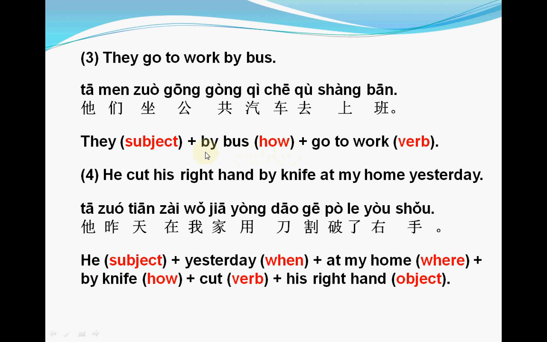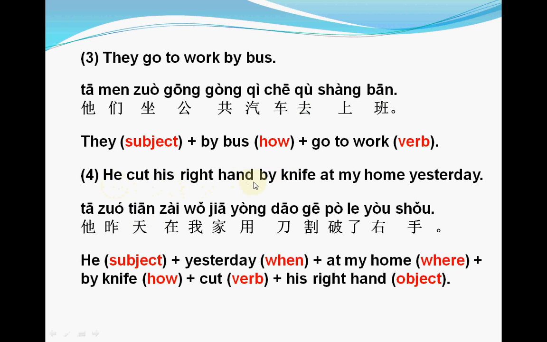We have how, by bus, and then verb. Okay, so subject, how, and verb. So we translate this sentence to Chinese. 他们 subject, 坐公共汽车 by bus. 公共汽车 means bus. Go to work is a verb. 去上班.